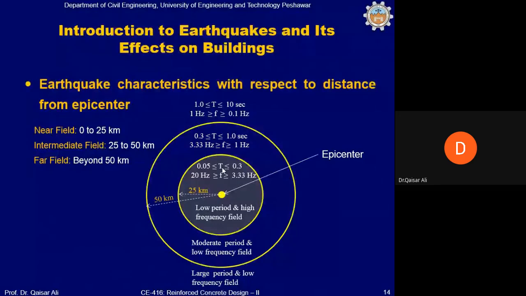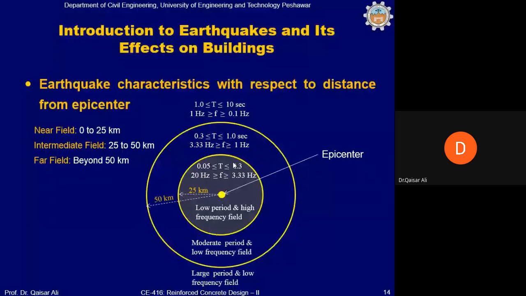We'll be talking in terms of time period because most students easily understand it: the time period is the time taken to complete one vibration.